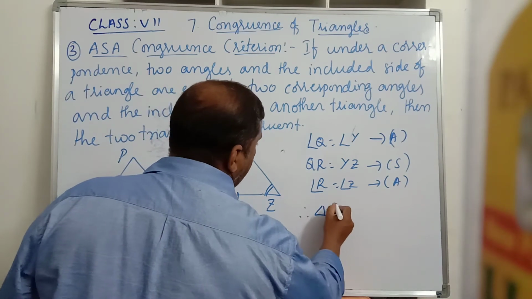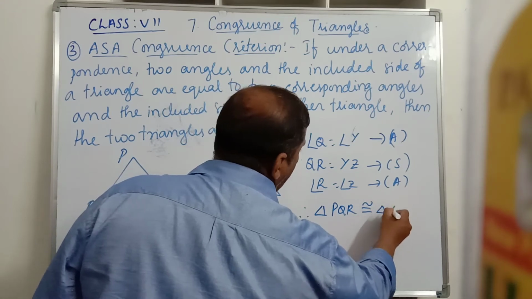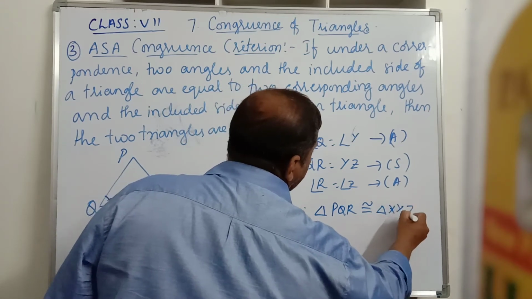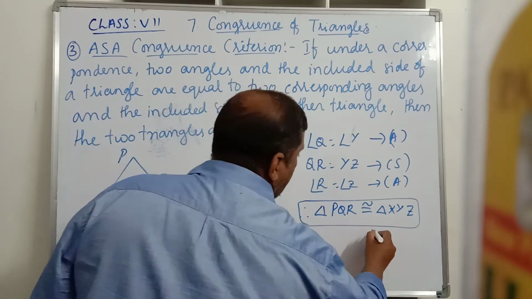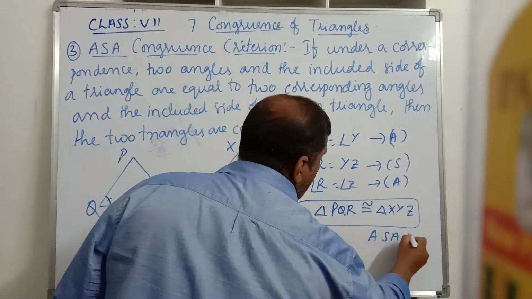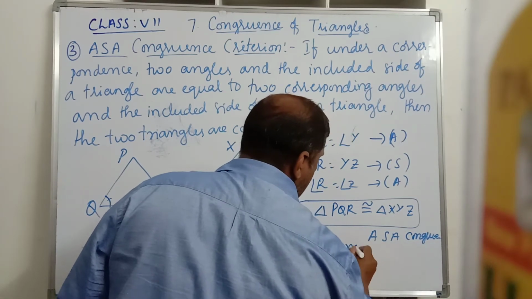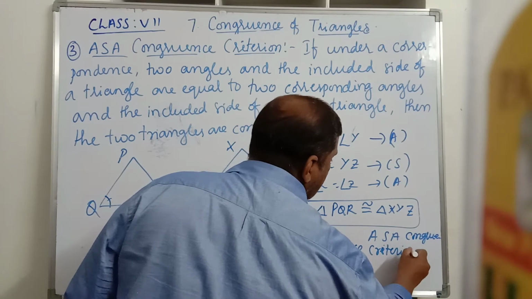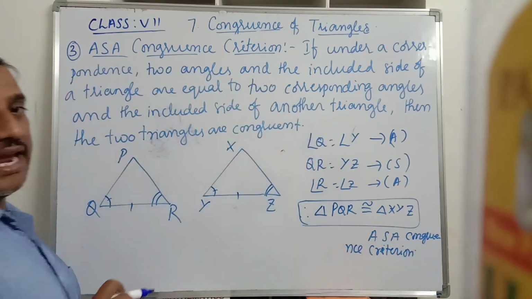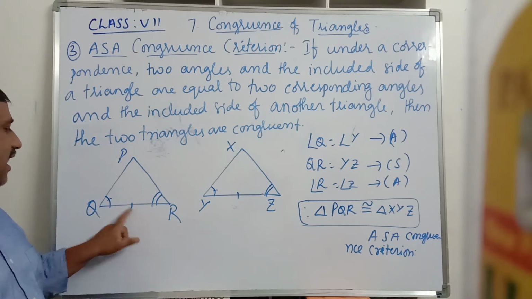Therefore, triangle PQR is congruent to triangle XYZ. So, which congruency criterion is it? ASA congruency criterion. So I have chosen this side QR.